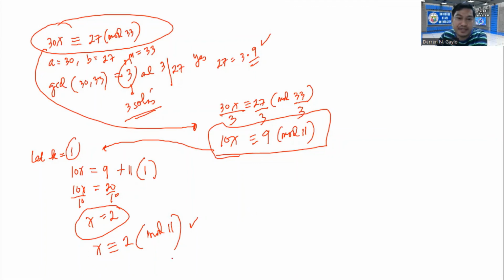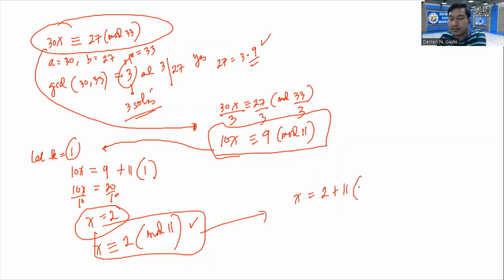We can make use of this na. Di ba? Gamay naman ni siya. So, if we simplify this, this will become x is equal to 2 plus 11k, if you let k is equal to 0, 1, and so on. So if k is 0, x is equal to 2 plus 11 times 0. That is 2. Okay, the same na siya.